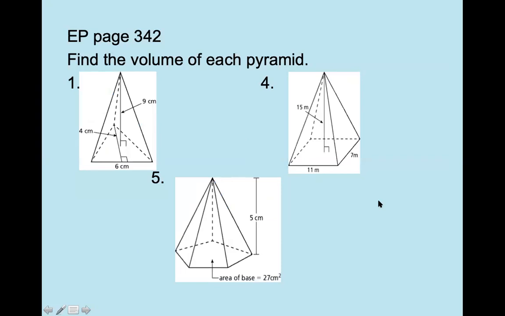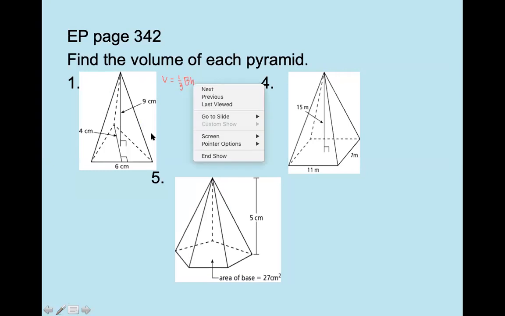So we're going to jump to some extra practice on page 342. It says to find the volume of each pyramid. I'm going to grab my pen. So remember that the volume of a pyramid is 1/3 times the base area times the height of the pyramid.